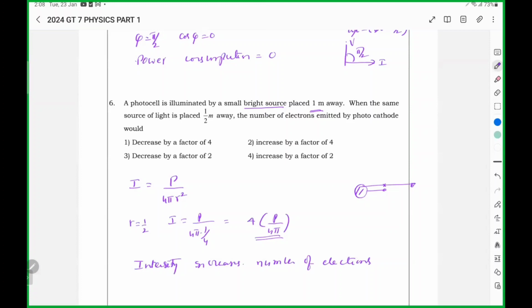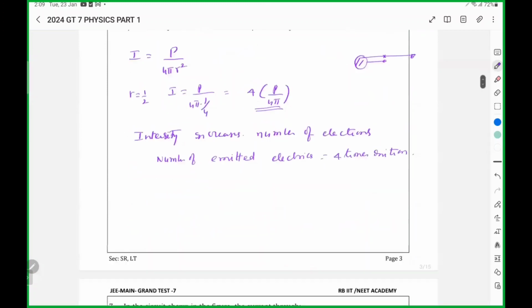So proportionally, more electrons will be emitted by the photocathode. The number of emitted electrons becomes 4 times the initial. Intensity increases, the number of emitted electrons will increase, so it increases by a factor of 4.